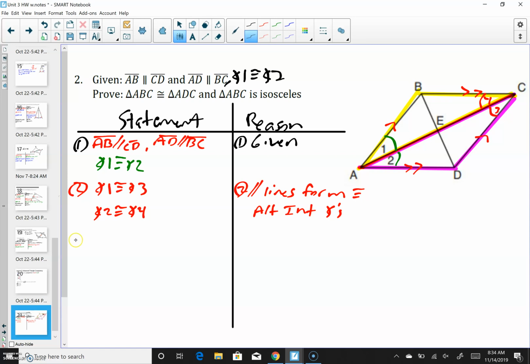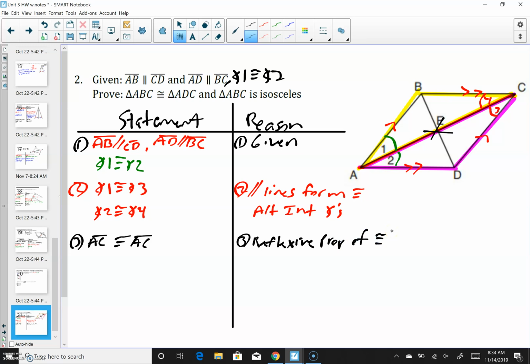Step 3, I'm going to work with the fact that if we pretended BD wasn't there, you can see our highlighters completely overlap from AEC. So we're going to have AC congruent to AC, and that's going to be our reflexive property of congruence.